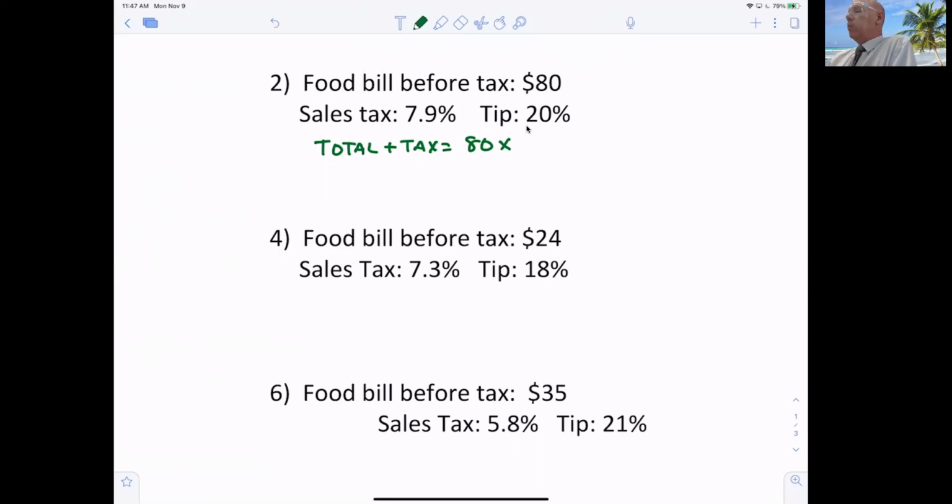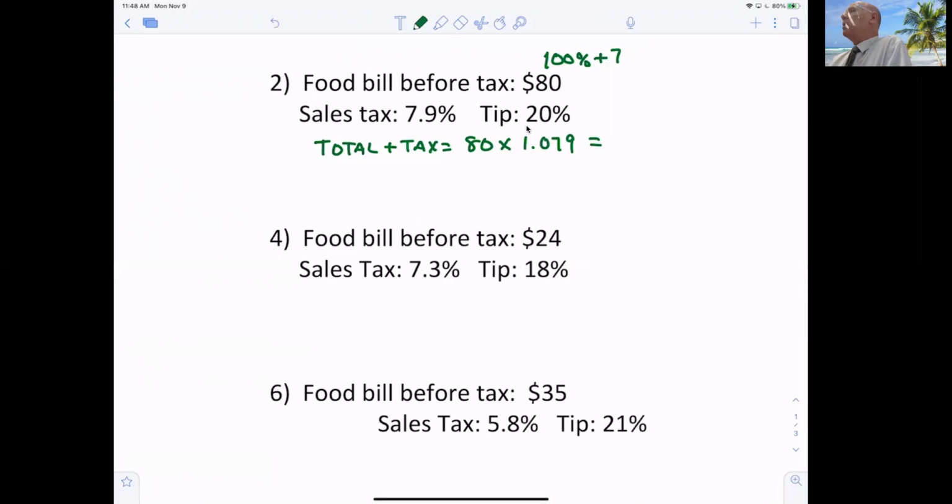Because remember, the food represents 100%. And we're adding what? There you go, girl. 1.079. That's what you're multiplying by. 1.079. And tell me what that is.